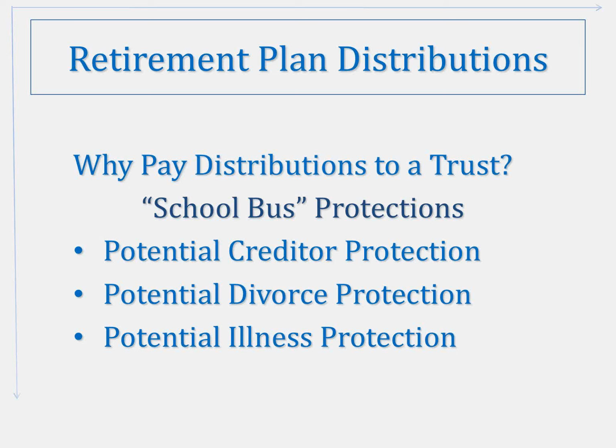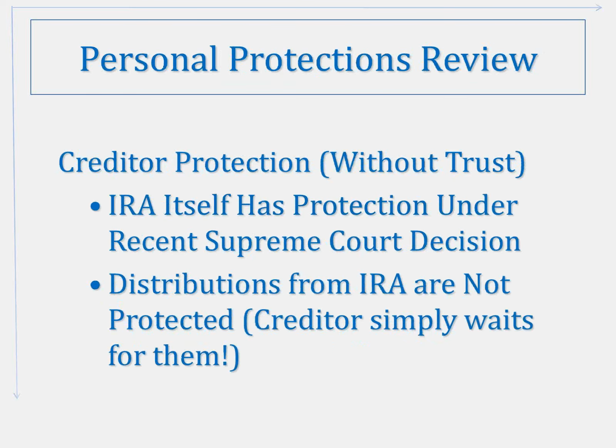All those children on the school bus are plaintiffs, and they're very sympathetic ones, so it's very likely that all of the assets disappear to her creditors. Well, if there's a way for me to give the property to her in a way that it's not hers, so the school bus creditors can't get to it, or divorcing spouses, or creditors from an illness, then that would be a big protection for her, and frankly for any beneficiary.